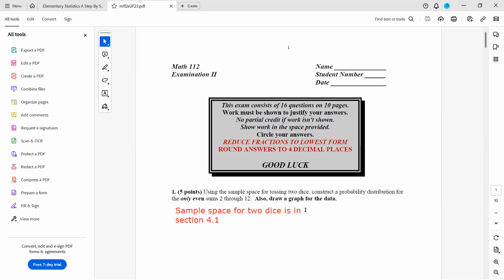Keep in mind though that you're only using the even sums of your elements, not all 36 outcomes. So the size of your sample space is not 36 here. You have to go through and count how many sums are even, and you should use that number that you find there.